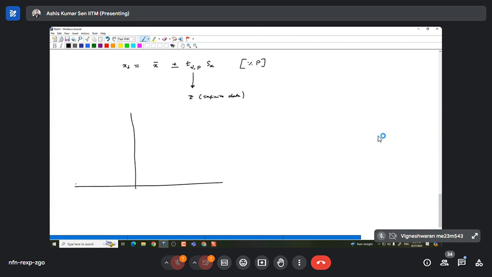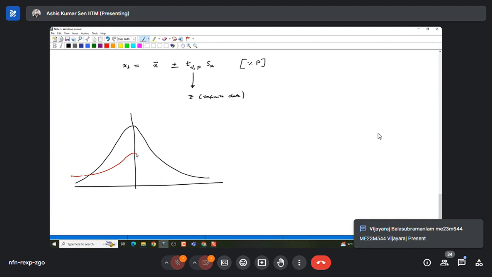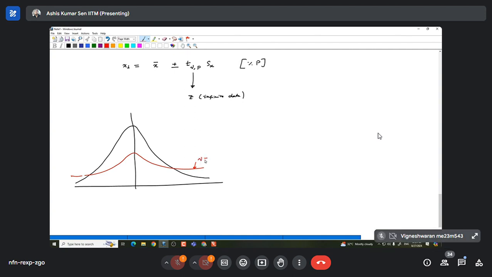If you look at the characteristics, this is the normal distribution curve. When you have a small data set, typically you get a curve which is flatter, something like that, and this can be, let's say, degree of freedom equal to 5. As you go to a slightly higher degree of freedom, maybe it can become something like that.